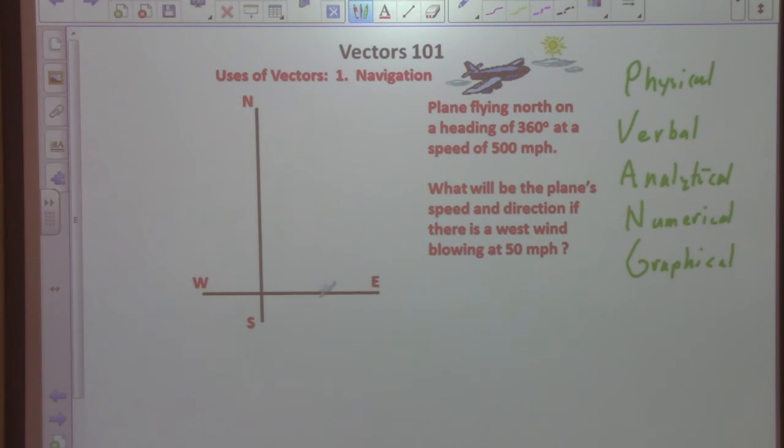And here you have the plane flying north on a heading of 360, and what does it mean for it to be a heading of 360 degrees? Go north. Well, it doesn't necessarily mean that you go north. It means that's where it's aimed, right? So you're aiming north. But we have a wind that's coming from which direction? South. West.